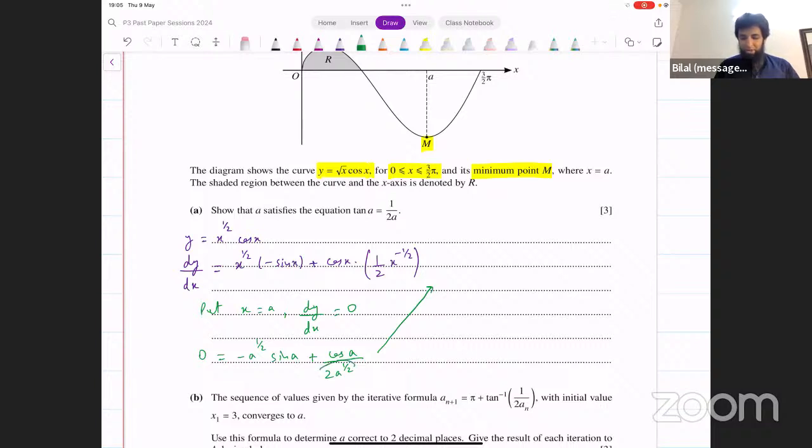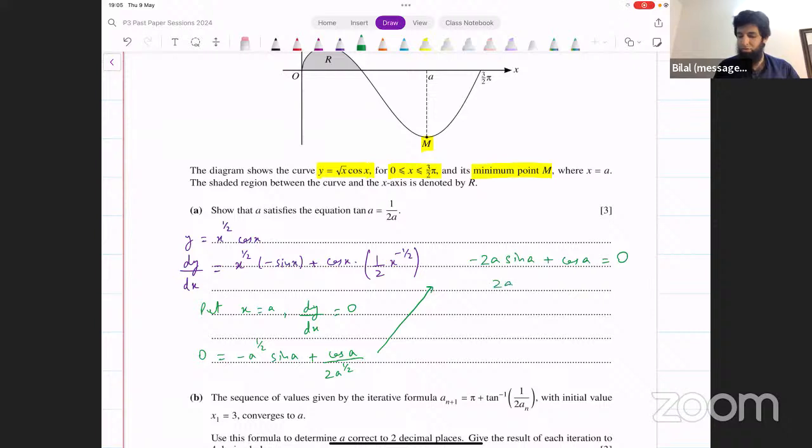Multiply the whole equation by 2a raised to the power 1 over 2 to get rid of the fraction. If I multiply the whole equation by 2a raised to the power 1 over 2, it becomes minus 2a raised to the power 1 over 2 into a raised to the power 1 over 2, that becomes a, sine of a, plus cos of a equals 0.